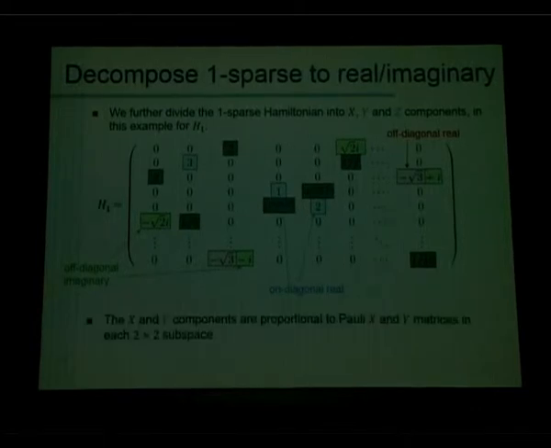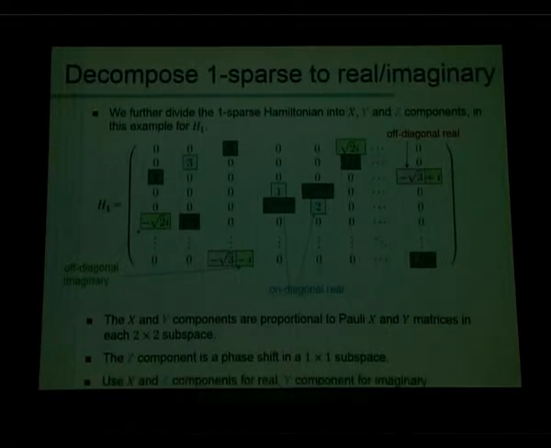And the x and y are just proportional to Pauli x and y matrices in 2x2 subspaces. And then what we're going to do is to be separating things into real and imaginary parts. So we have the x and z component for the real part and the y component for the imaginary part.